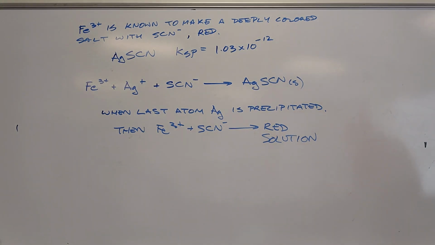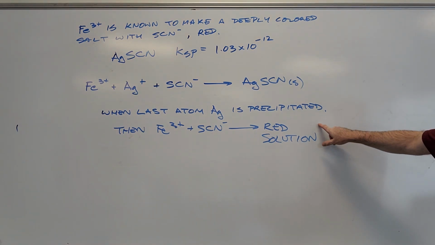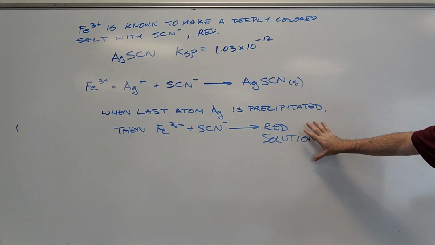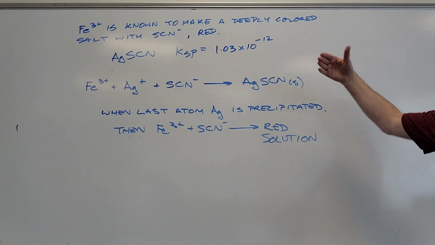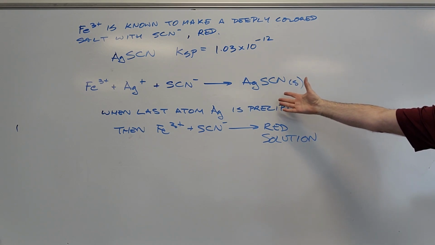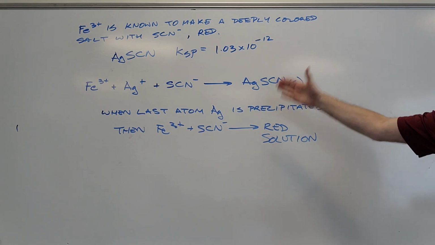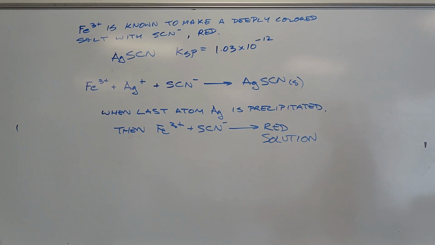So we can test with really good confidence what the concentration of our silver is by this. And then when we know the concentration of our silver solution, then we can titrate that against an unknown amount of iodide or chloride or whatever.